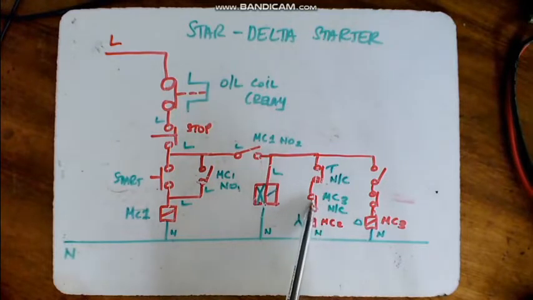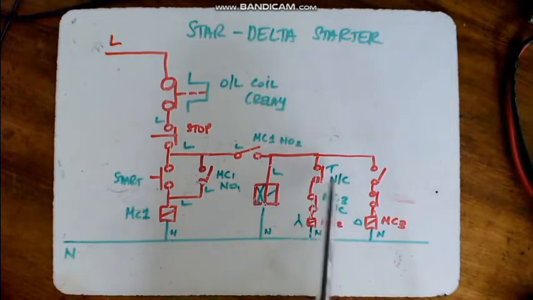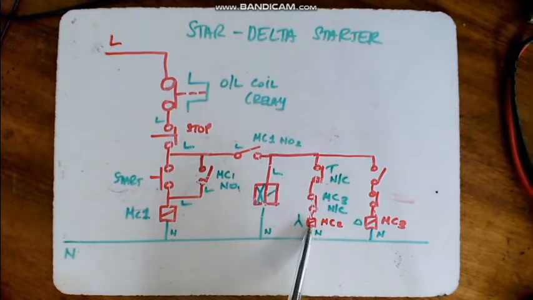Here we've got this switch, this normally closed switch. What's going to happen? This switch is closed, but this switch is working with the timer. So when this motor contactor runs for a predetermined amount of time, this switch will open, switching off this motor contactor.